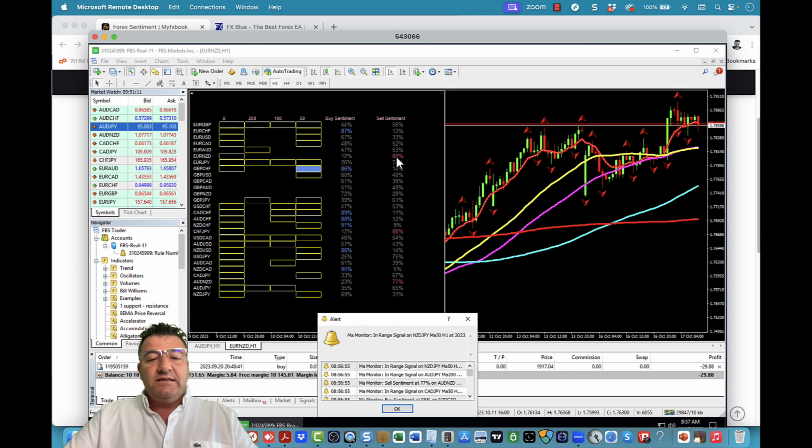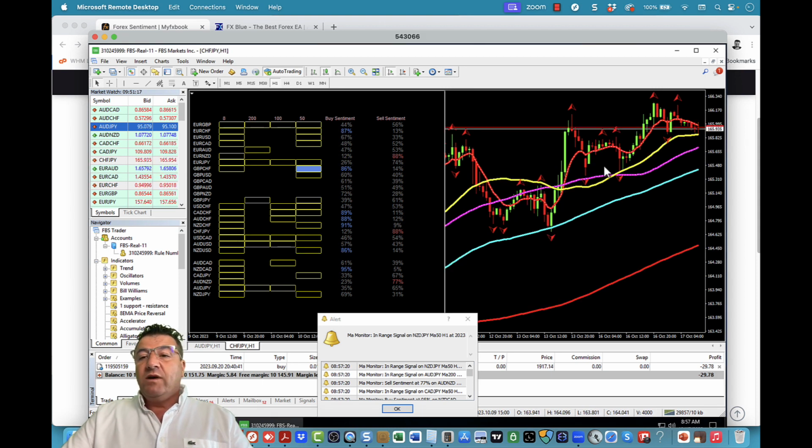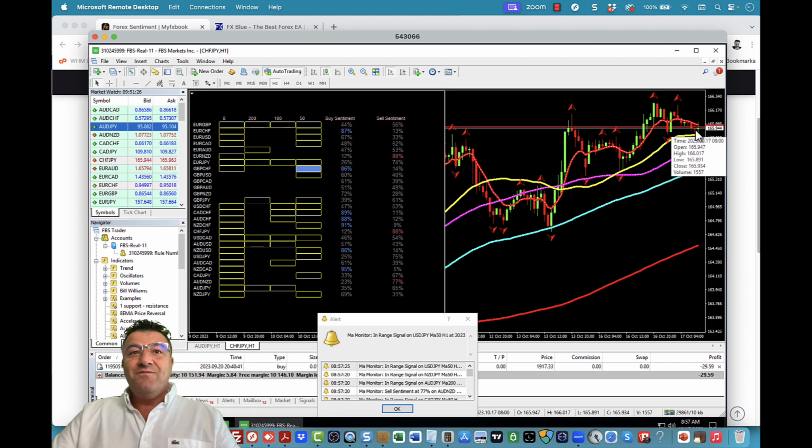So we can expect a turn in the pair, the same as CHF JPY. If we click it, you can see most retail traders are long, and here you can see it's actually gone short over the last couple of days. So it may have reversed.